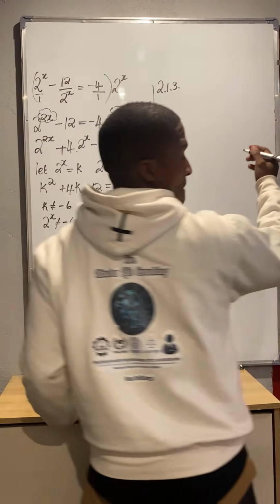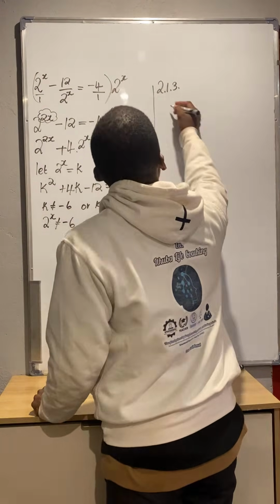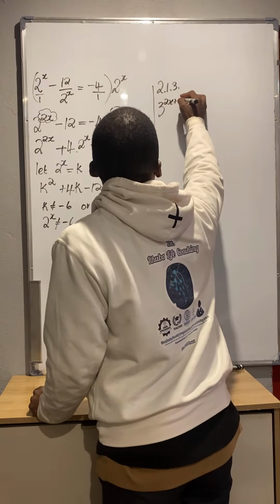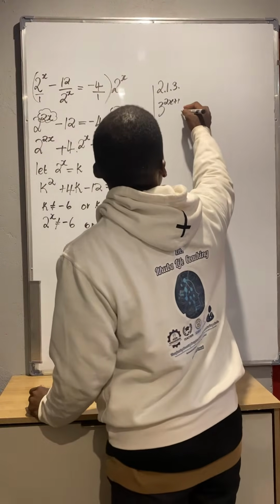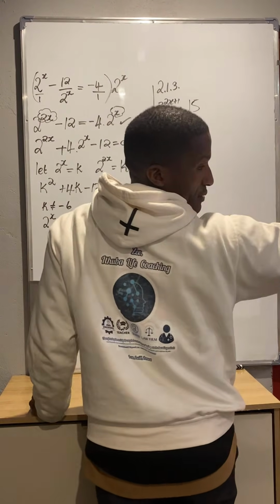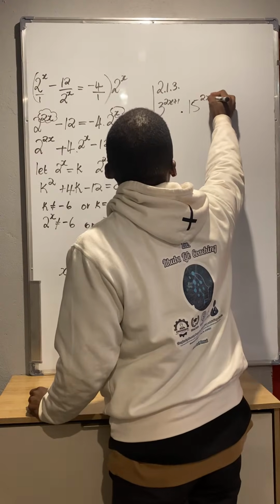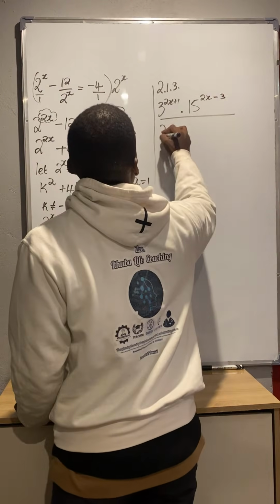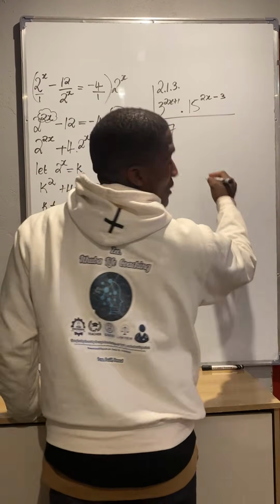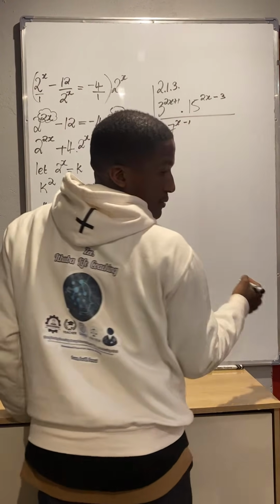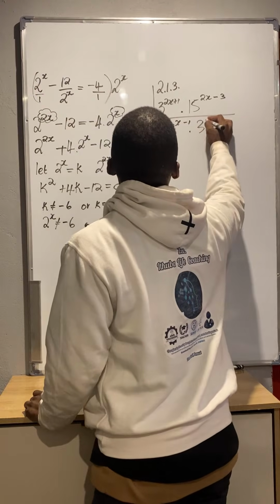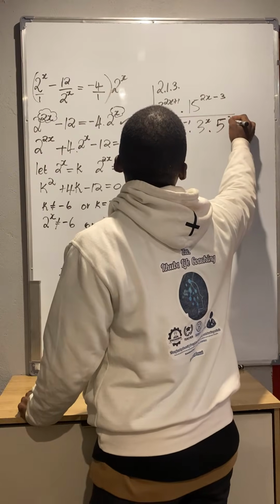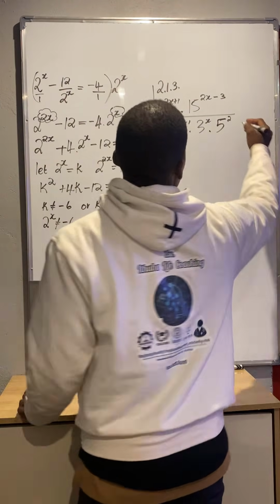2.1.3. Okay. 3 to the power of 2x plus 1 times 15 to the power of 2x minus 3, all over 27 to the power of x minus 1 times 3 to the power of x times 5 to the power of 2x minus 4.